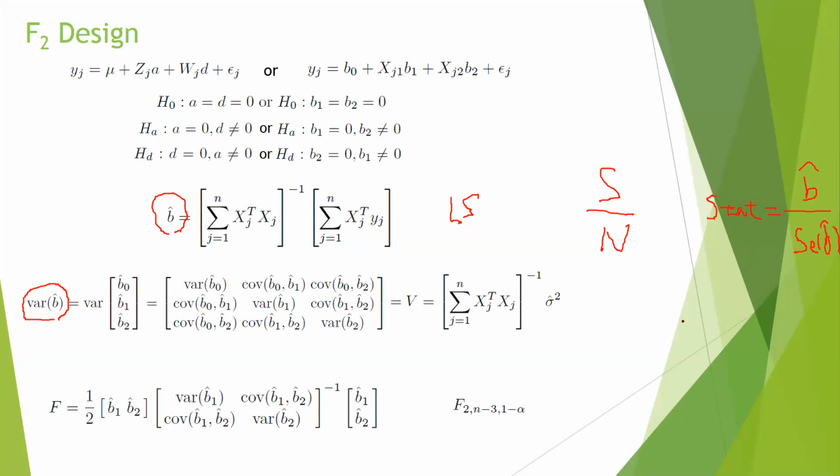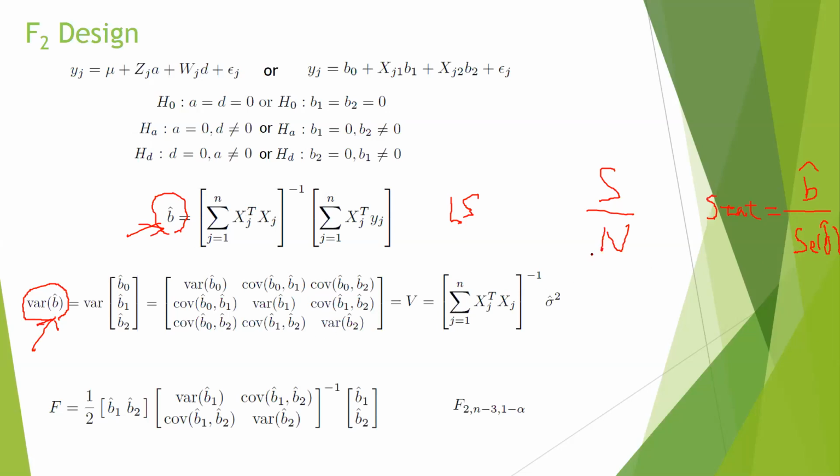So this is the test statistic we want to construct in statistical hypothesis testing. That's why we want to estimate this and this, because the square root of the variance of the B estimation is the standard error.